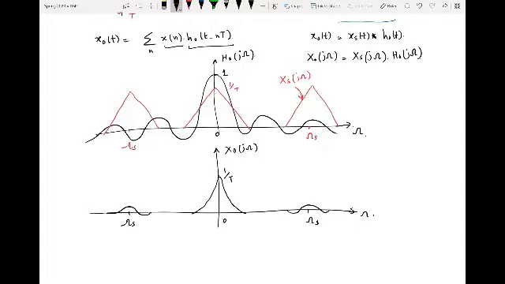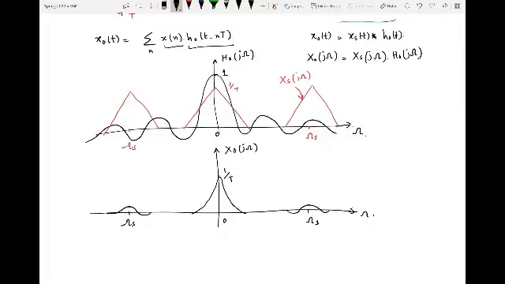So what is happening? You see, after multiplication with h naught of j omega, what happened in frequency domain is the actual copy located at 0 is somehow distorted, and furthermore the other copies at integral multiples of omega s are being attenuated to a large extent. So you see what is the advantage of zero order hold and what is the disadvantage.